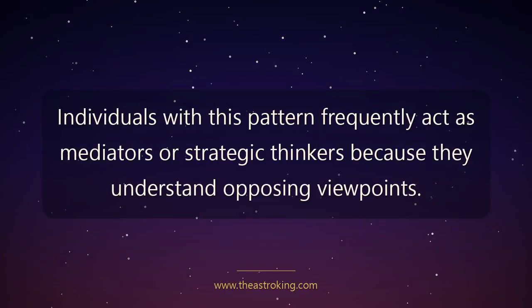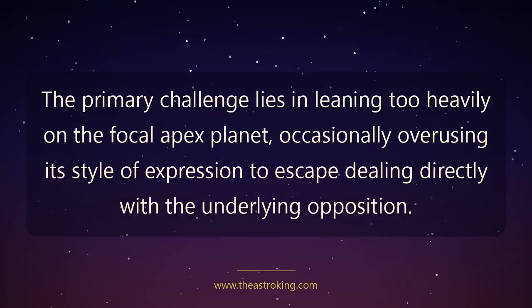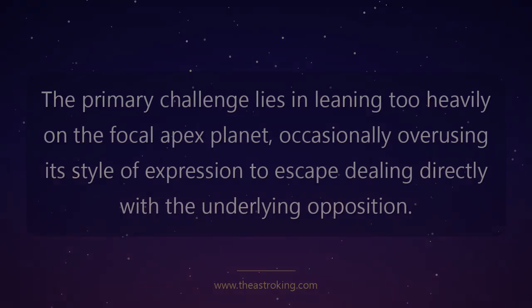Individuals with this pattern frequently act as mediators or strategic thinkers because they understand opposing viewpoints. The primary challenge lies in leaning too heavily on the focal apex planet, occasionally overusing its style of expression to escape dealing directly with the underlying opposition.